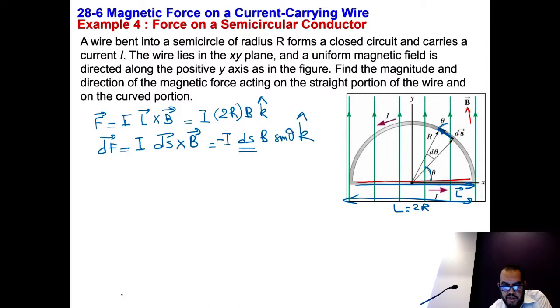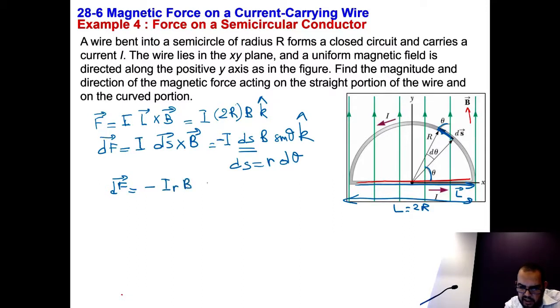And remember from physics 121, ds is equal to r d theta. So I can write this is minus I r B sine theta d theta times k. Correct?